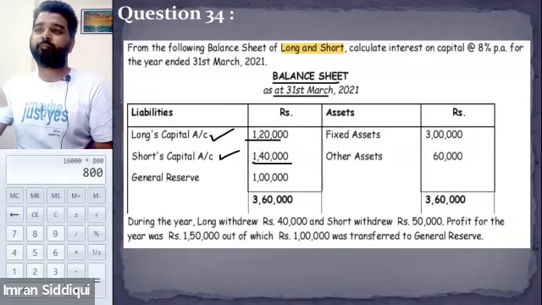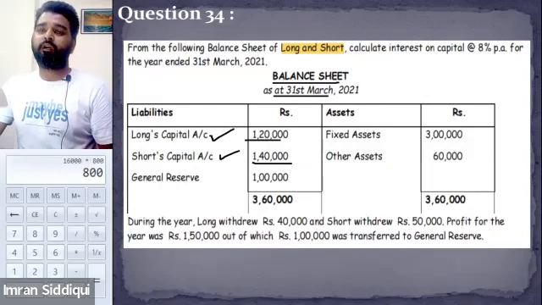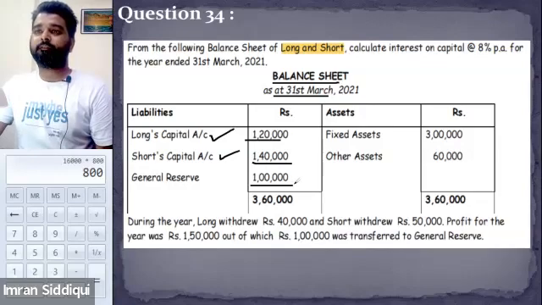So Aman, if out of 1,50,000, 1 lakh is transferred to the general reserve, then how much of the profit is distributed among the partners? 50,000. 50,000, correct.